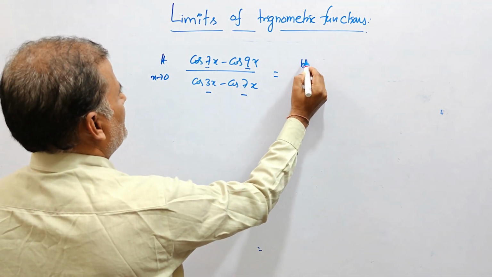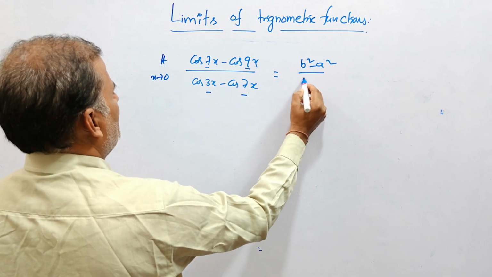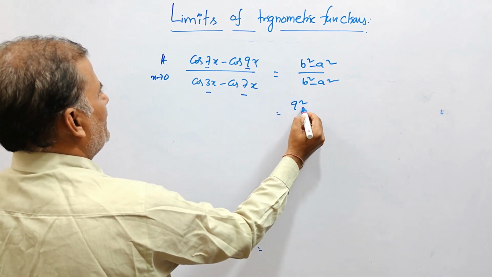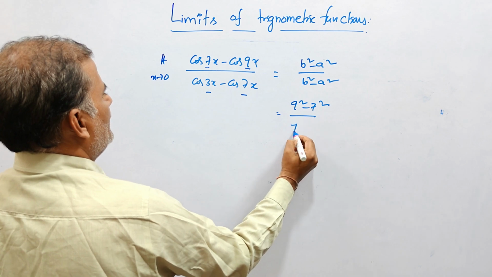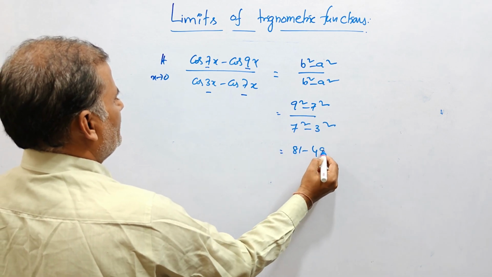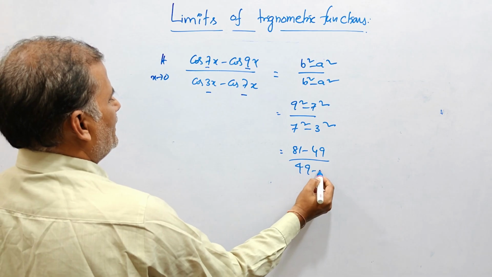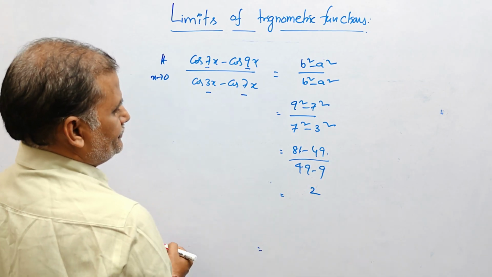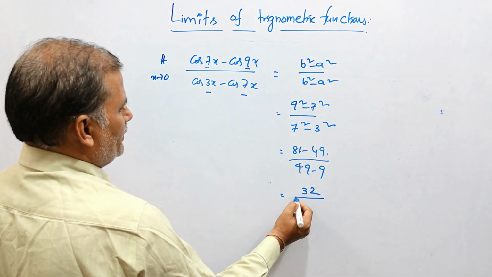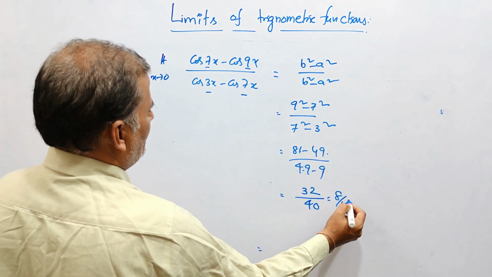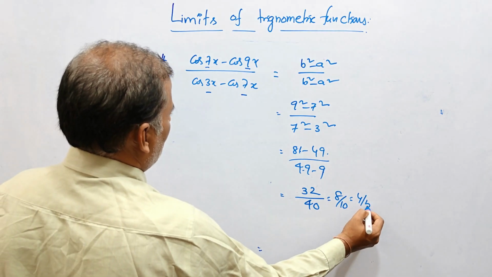The shortcut is (b square minus a square) by (b square minus a square). That is 9 square minus 7 square by 7 square minus 3 square, which is 81 minus 49 by 49 minus 9, that is 32 by 40, equal to 8 by 10, which is 4 by 5.